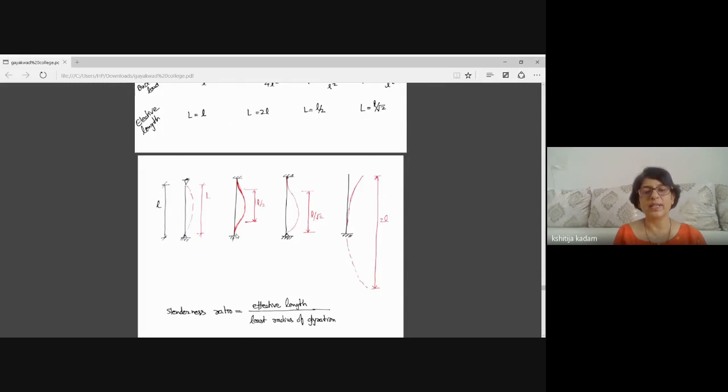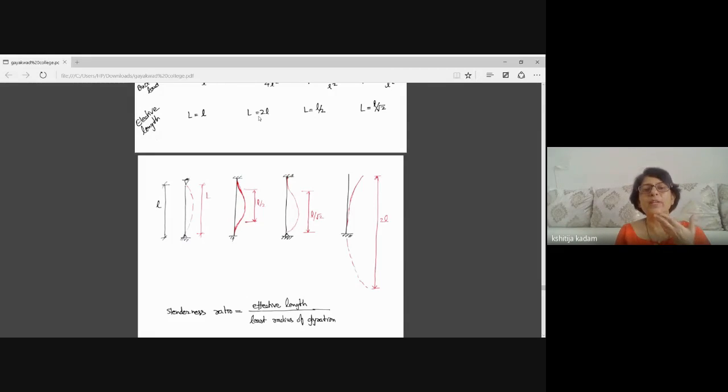If both the ends are fixed, second case, at a fixed support there is no slope. So the initial portion will be vertical and straight and then buckle, and again at the top fixed support the slope will be 0. So only about half of the length is coming out from its original position.